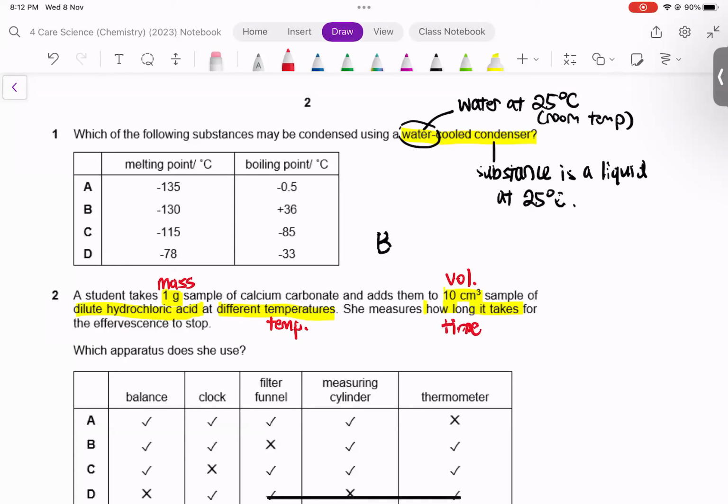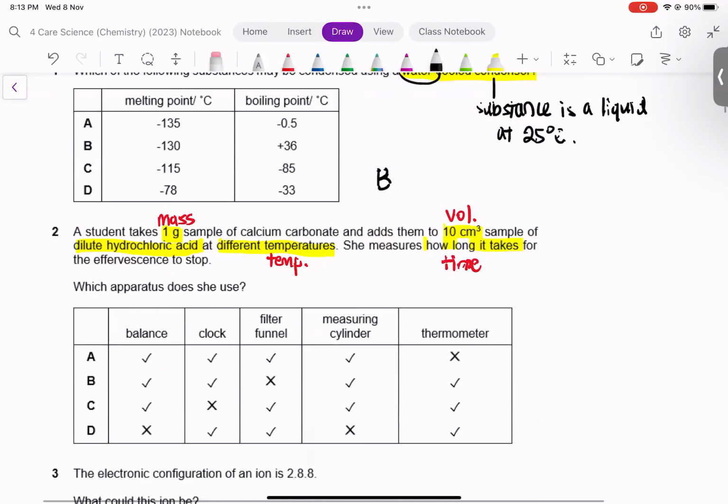All right. So there are 4 different variables that she's measuring here: mass, volume of acid, temperature, and time. So in order to measure these 4 variables, you will need a balance. You will need a clock or stopwatch.